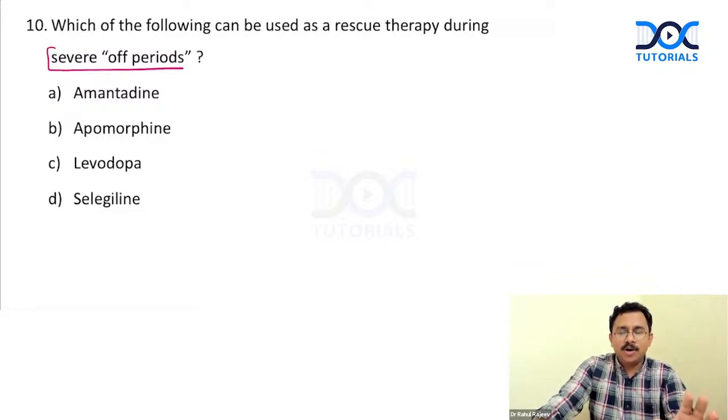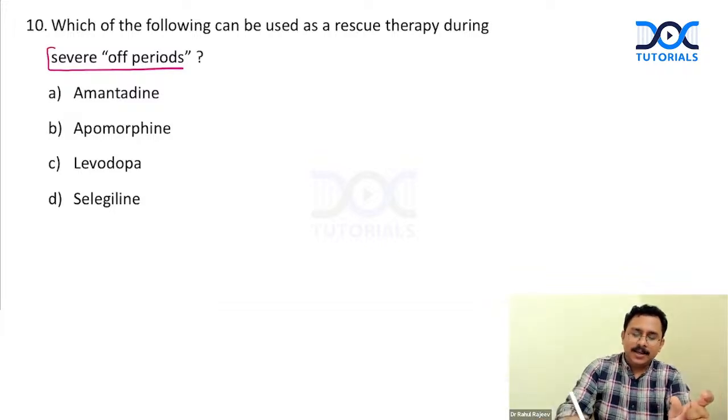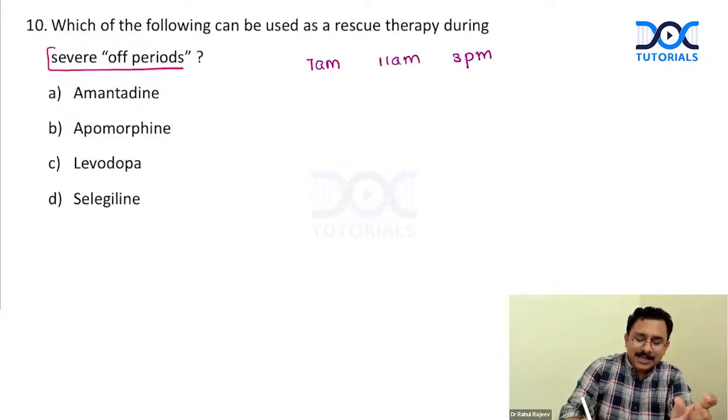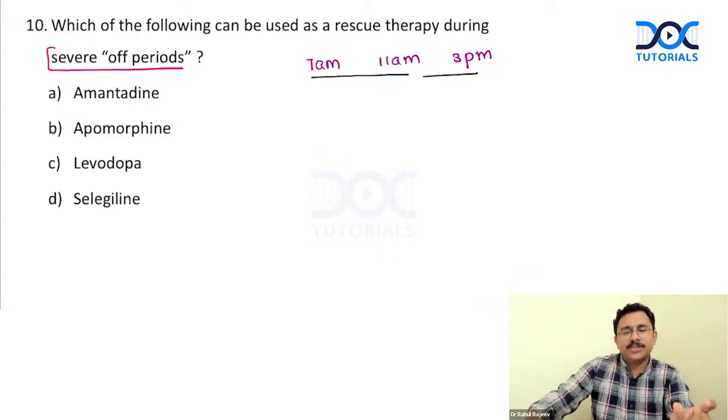But as the disease progresses, the levodopa may not give you the desired benefit. For example, say the patient was taking levodopa, one tablet at 7 a.m. in the morning, the next tablet at 11 a.m., and the next tablet at 3 p.m. So essentially the duration of action of the drug was at least 4 hours.